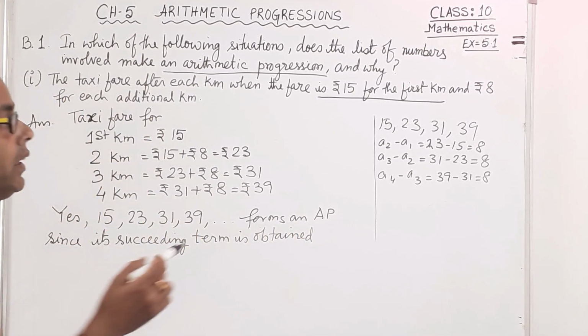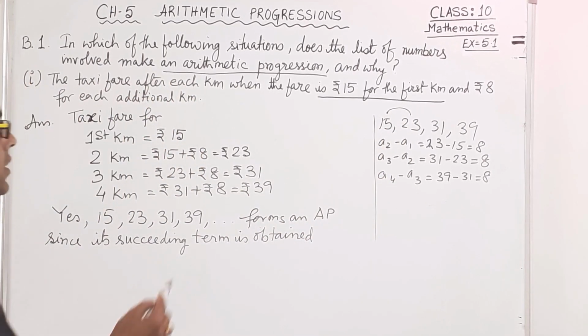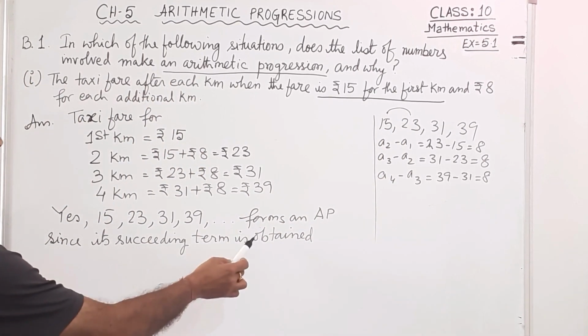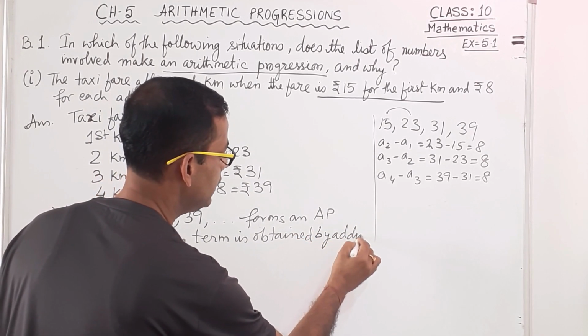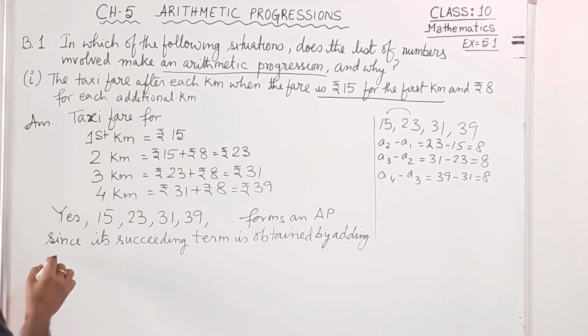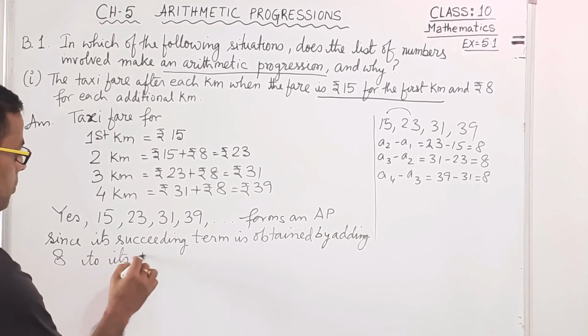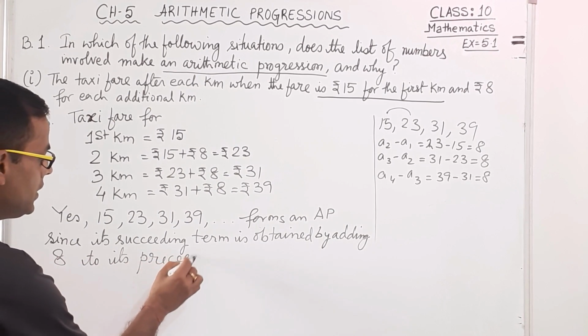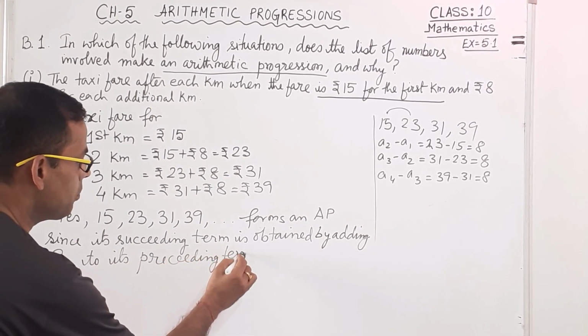Succeeding means the next one. 15, succeeding is what? 23. Since its succeeding term is obtained by adding, how much you are adding? By adding 8 to its preceding term. What is the meaning of preceding term?